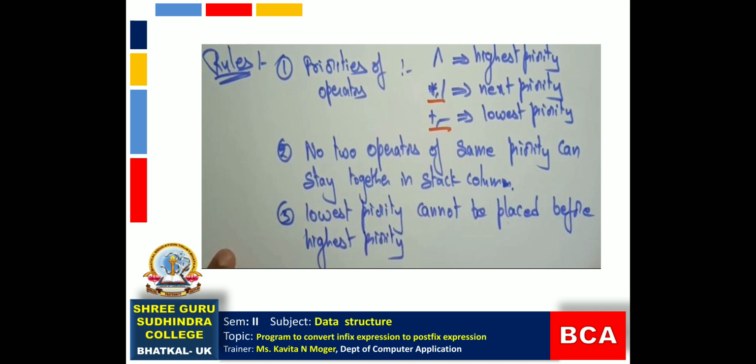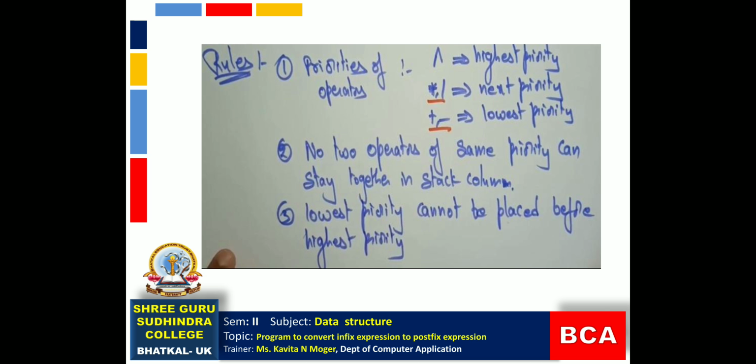Rule number 2: no two operators of the same priority can stay together in the stack column. That is, plus and minus have the same priority, so in the stack column they cannot stay together. Before pushing a same priority operator into the stack, we need to pop the operator already present in the stack.